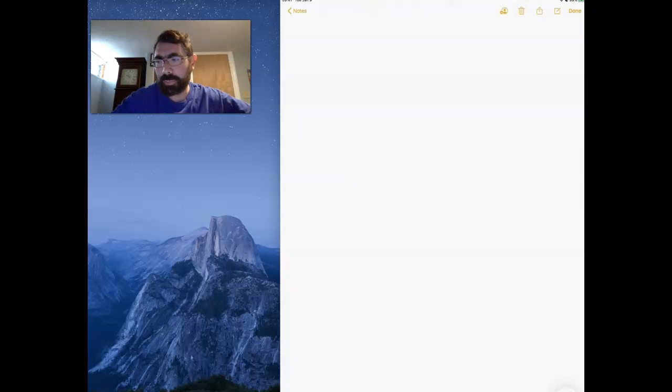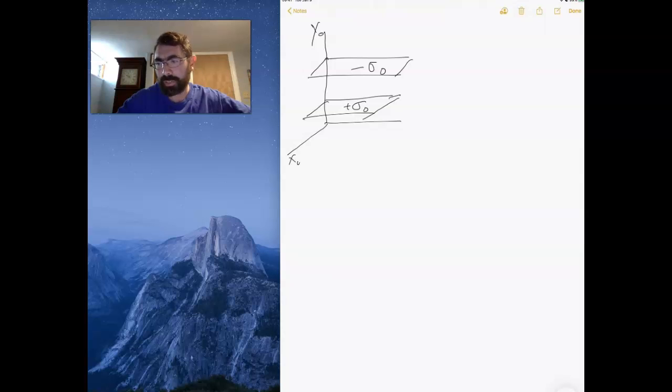Let's say we have two parallel plates, with the negative charge on the top plate and the positive charge on the bottom plate. This is the y direction, and actually, let me switch those around, so let's make this x, and I'll make this z.